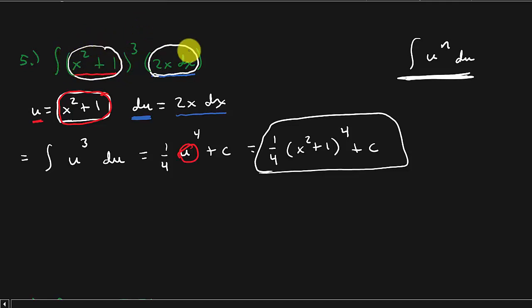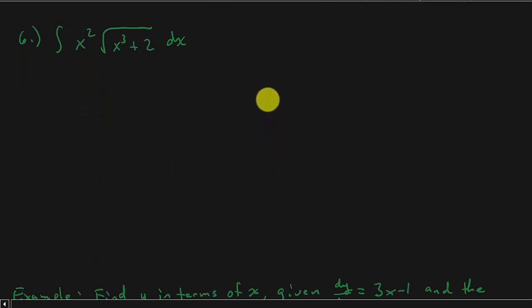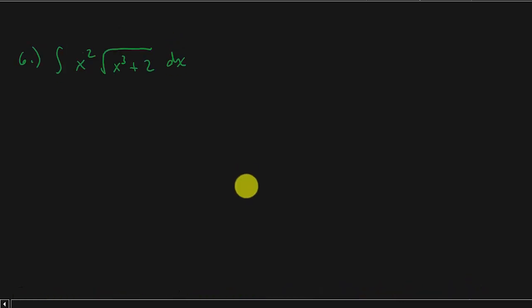And the derivative of this was out here. You see that? So maybe we do the same thing with this one. But you might be thinking, well, you don't have something in parentheses raised to a power. But when you think about it, we do have the square root. So that's x cubed plus 2 to the 1/2 dx. Okay?